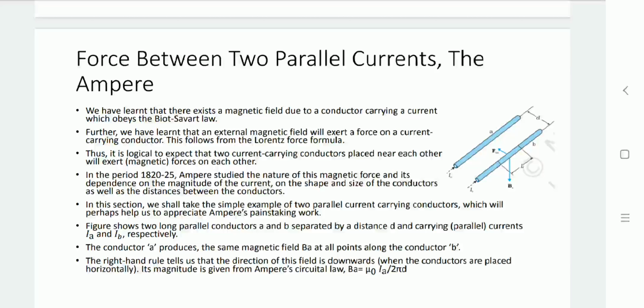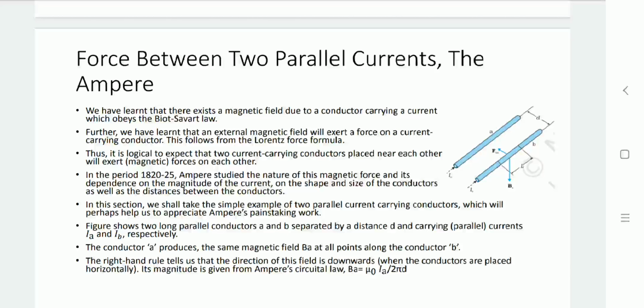Further, we have learned the external magnetic field gives a force onto the current carrying conductor, which gives you the Lorentz force formula. Now we expect that two current carrying conductors placed near each other will exert a magnetic force onto each other.